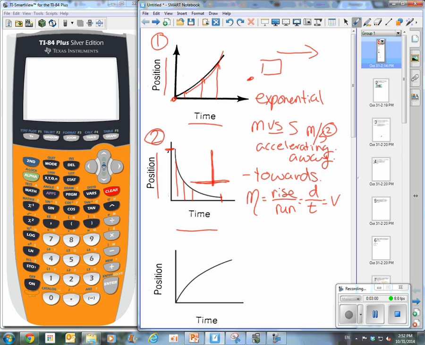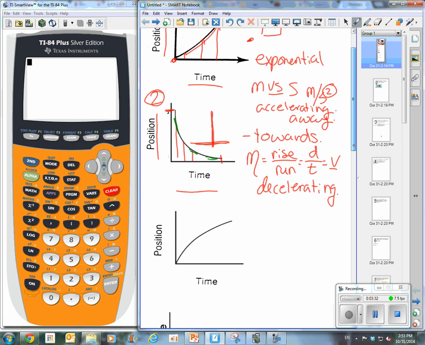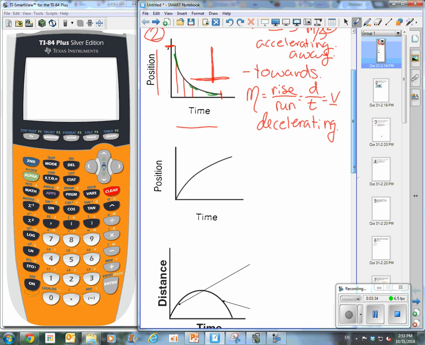So in a position versus time graph, the slope is equal to velocity, right? Distance over time. The steeper the graph is, like in this section here, the higher the velocity is, and as it straightens out and gets closer to zero, the slower the object is. So this object is moving towards me, but it is also decelerating.